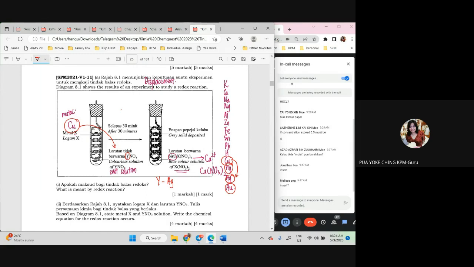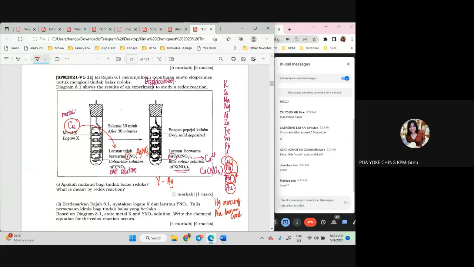Which is ini ialah AgNO3. Tiada pilihan lain sebab Hg is mercury. Takkanlah saya bagi you mercury buat eksperimen. Au is aurum, gold. Takkanlah kita buat eksperimen pakai emas. So, tak ada benda lain, hanya ada Ag.